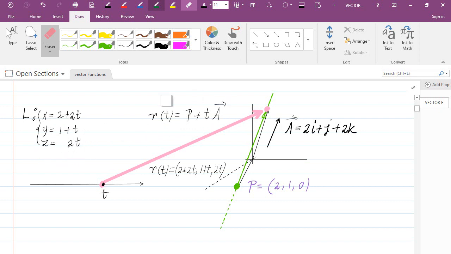So this function R of t, which is a vector valued function of a real variable t, is a vector function, and it's called a parameterization of this straight line. So the parameterization of the straight line is basically a vector function like this.